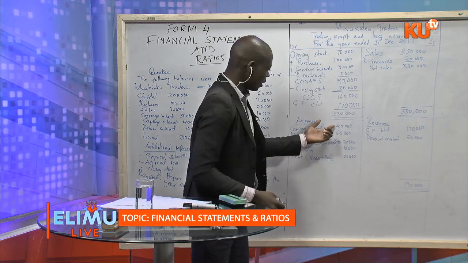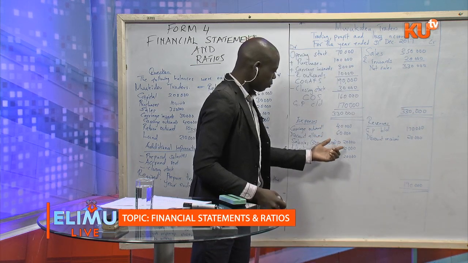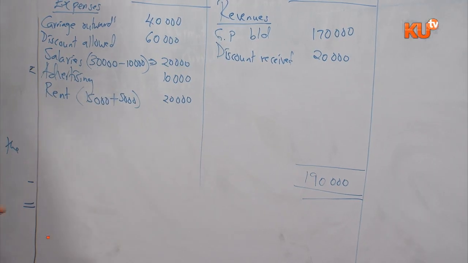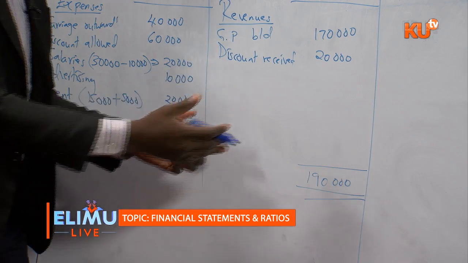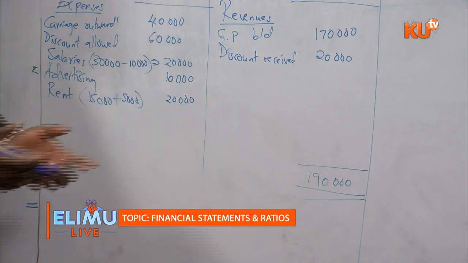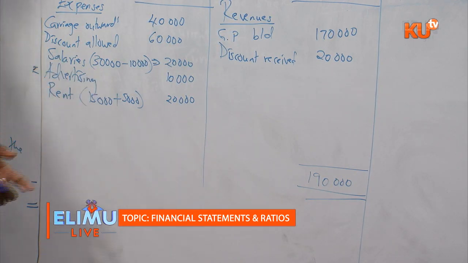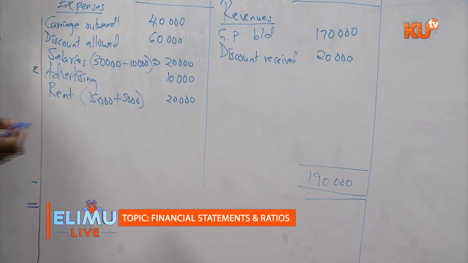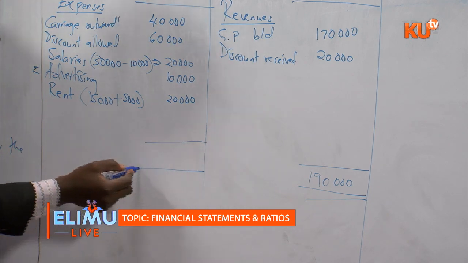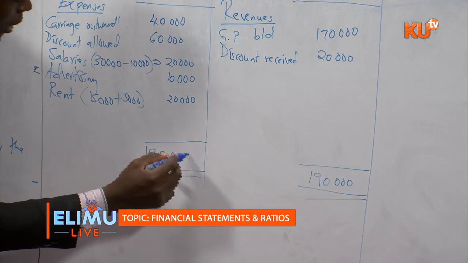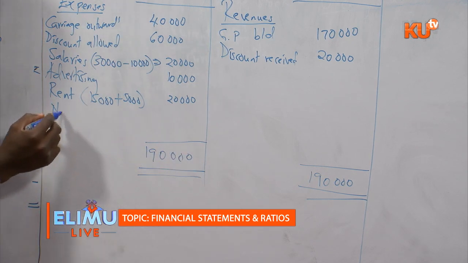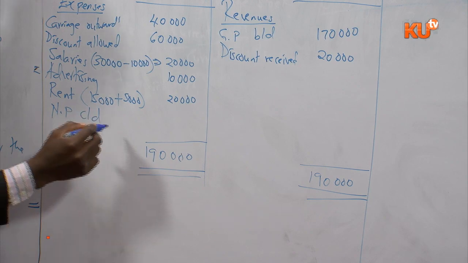And so we add this: 60, this is 100,000, 120, 130, 150,000. So this side has 150, this side has 190, meaning you have more incomes than expenses. So definitely you make a profit. So we say now that is called net profit. We say that one is called net profit carried down.